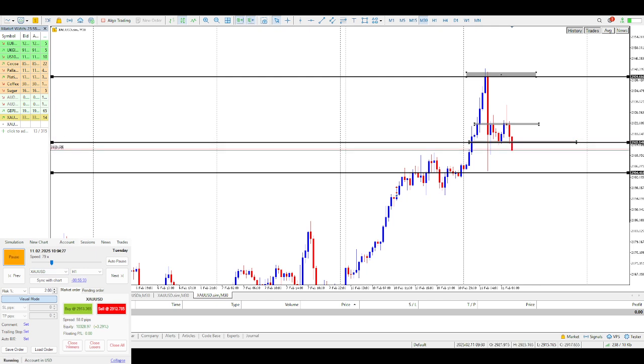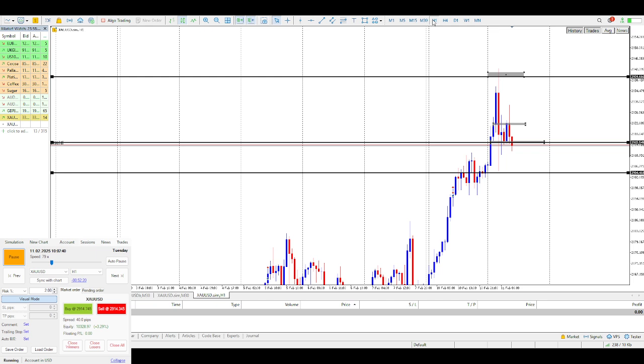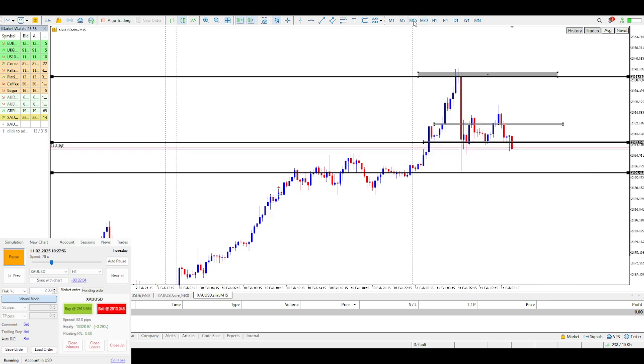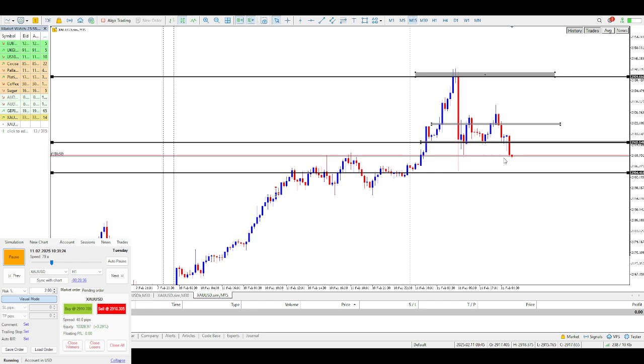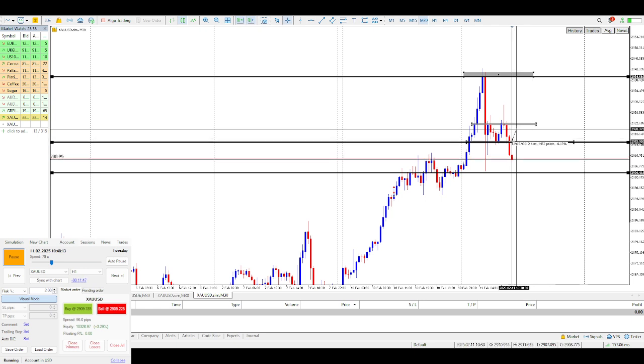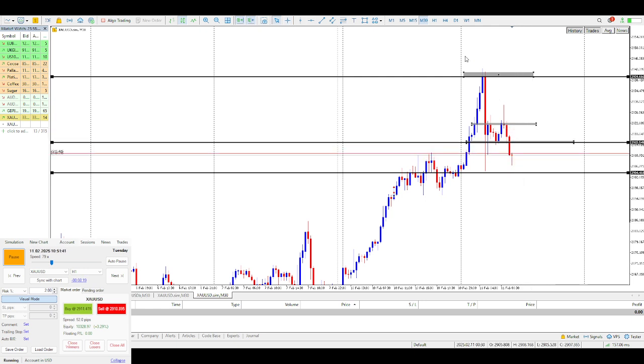Oh, price closed back. You can see it broke the previous 1 hour low, but it closed above this support. So I have to wait. Oh, okay. You can see this week. From this, it moved almost 91 pips.